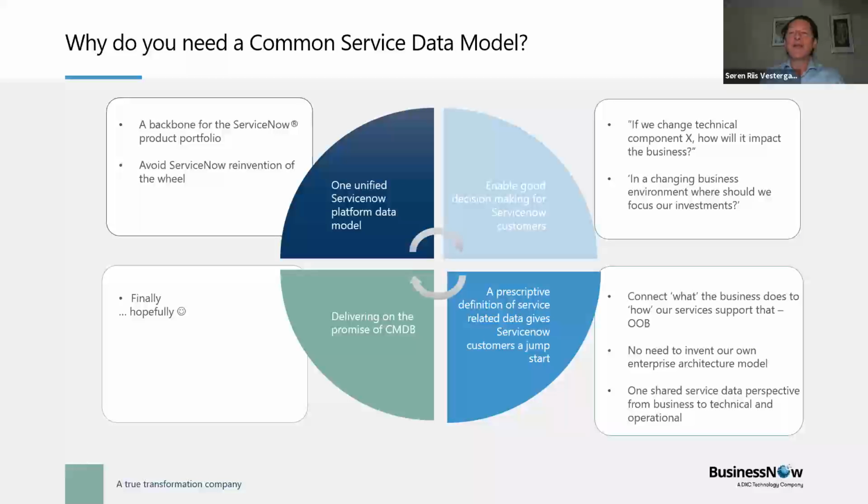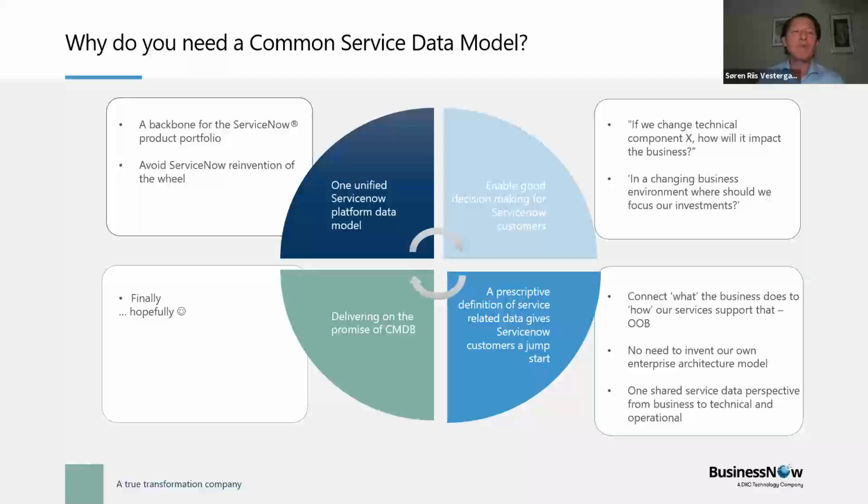So why do we need this? Why is it relevant for us? If we start at the top left here, it's about creating one unified ServiceNow platform data model. Not only unified in each ServiceNow customer instance, but also across ServiceNow customers, so that enhancements done to the platform will be shared for all customers who are buying into the common service data model.